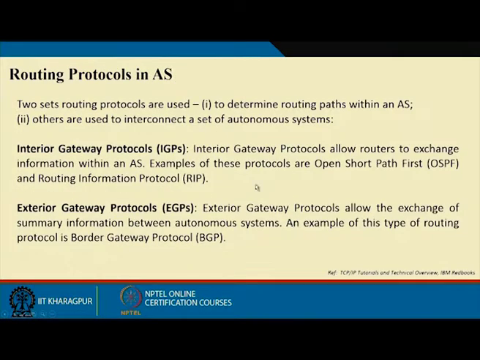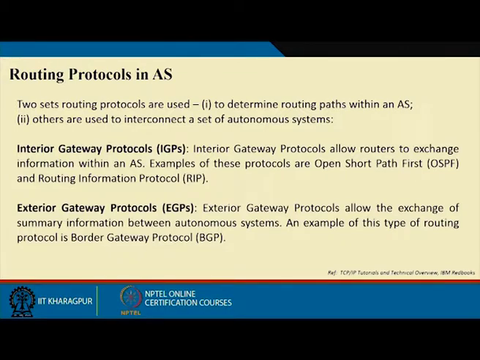And secondly, the others are the protocols which are used to interconnect a set of autonomous systems. So, I need a protocol which allows us to connect to the other autonomous systems. Interior gateway protocols, IGPs, allow routers to exchange information within the AS.